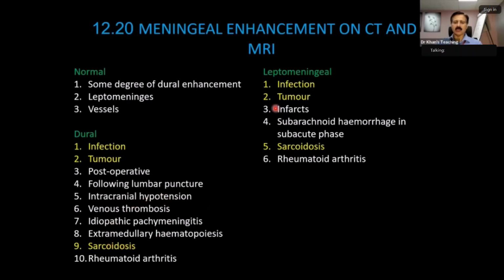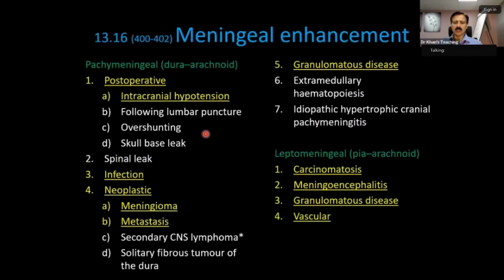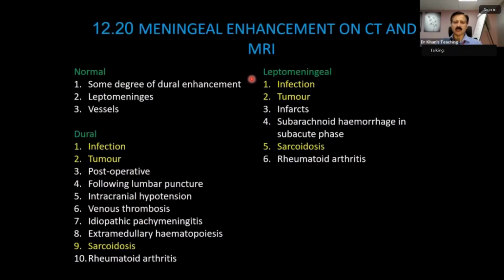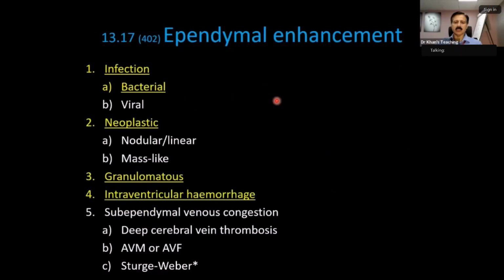Sarcoidosis will always be there. Dural enhancement can be caused by these things, and leptomeningeal enhancement by infection, tumor, and sarcoidosis are commonest. They will cause the same thing on CT and MR.